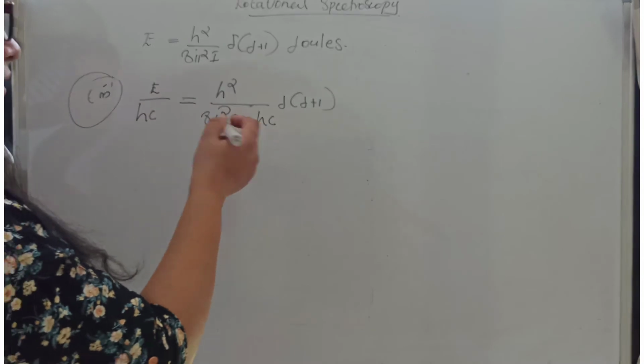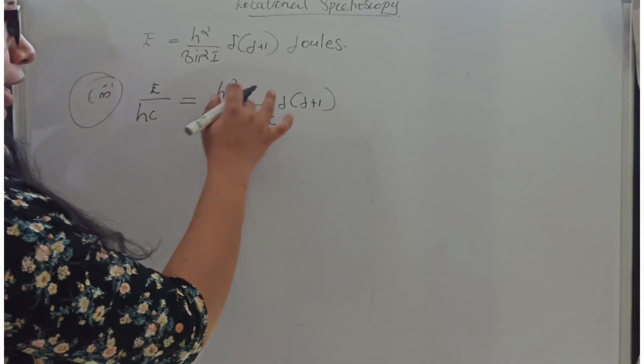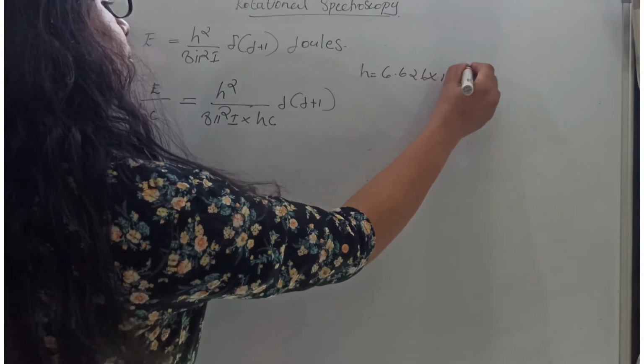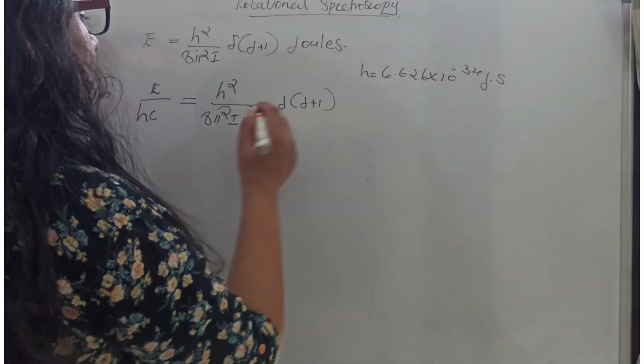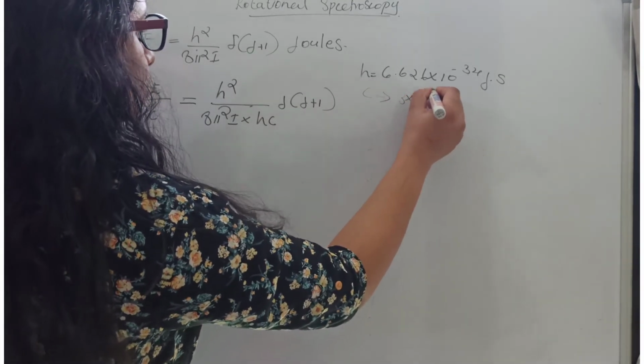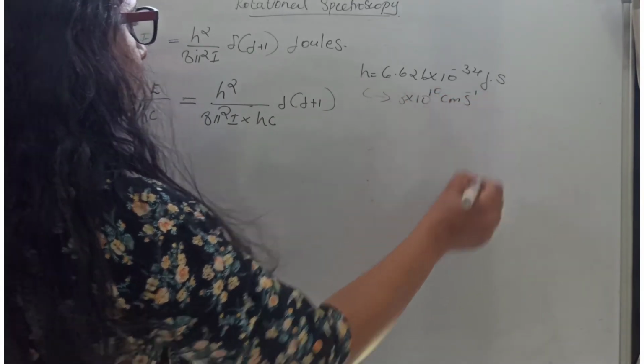Now what happens? You can see that the h value is 6.626 into 10 raised to minus 34 joule second, and the velocity of light c is 3 into 10 raised to 10 centimeter per second.